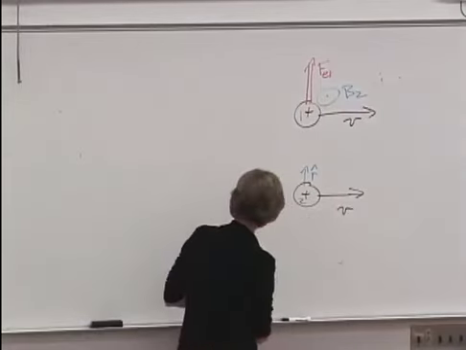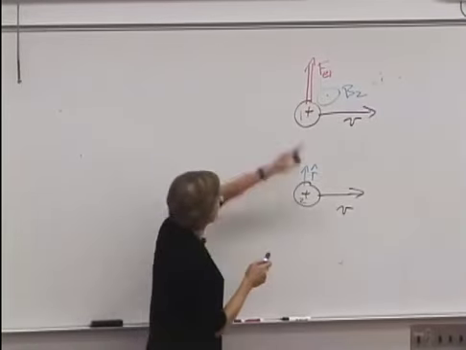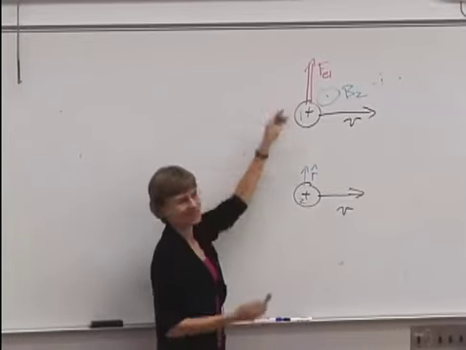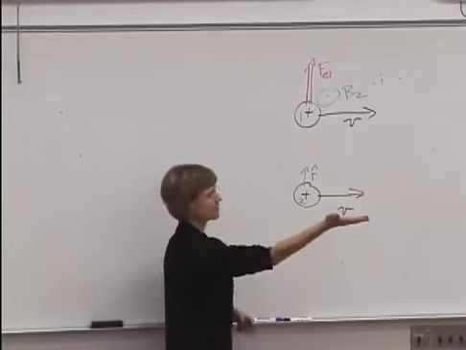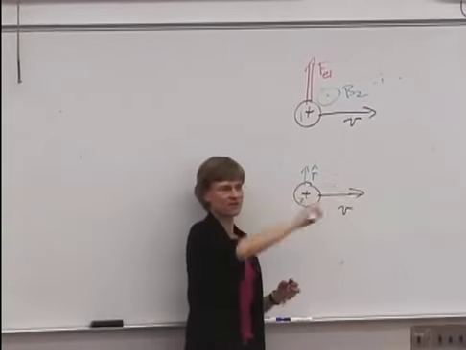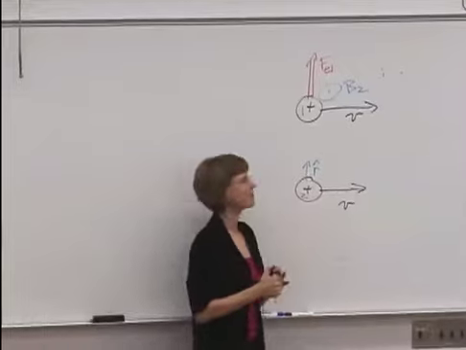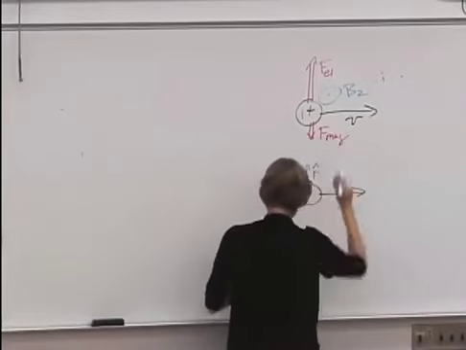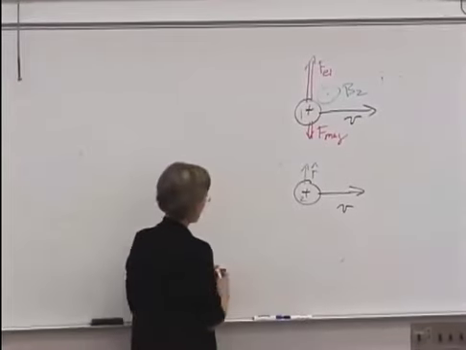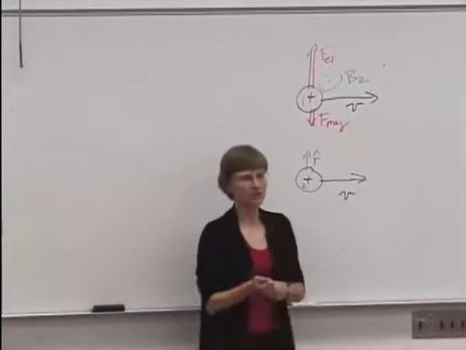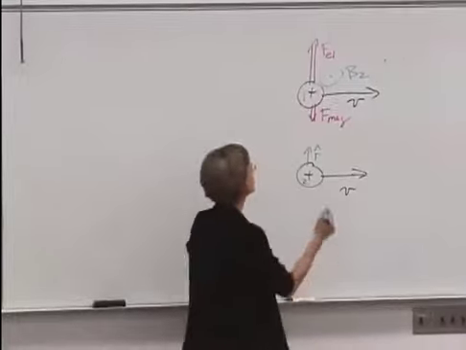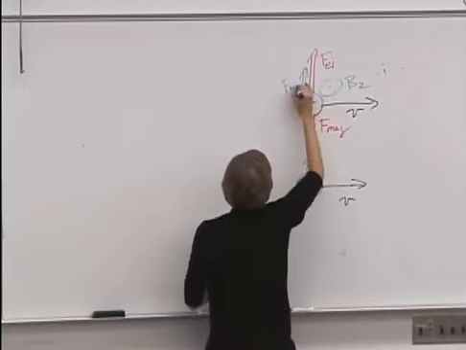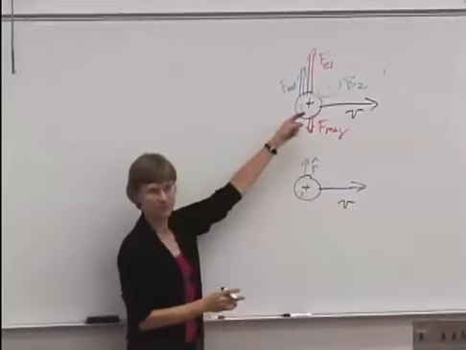And that means the magnetic force on this guy is in what direction? V cross B, down. Down. I will assert that it's smaller, and you can actually calculate it yourself if you want. So the net force on this guy is actually a little bit less than the electric force, right?